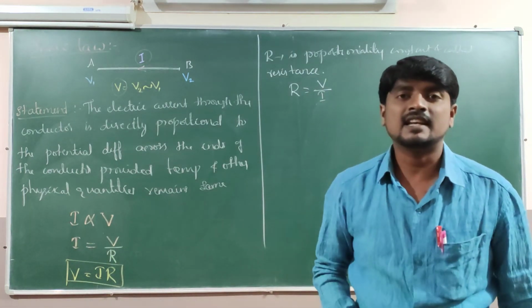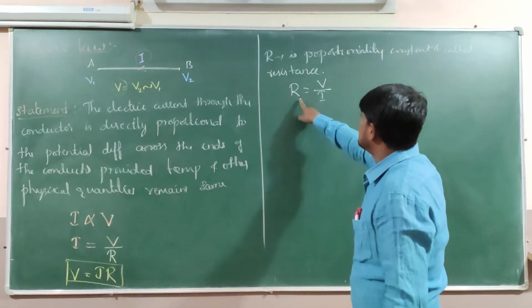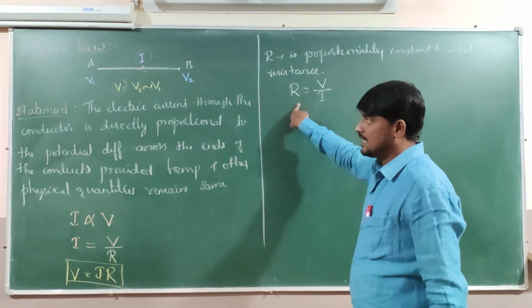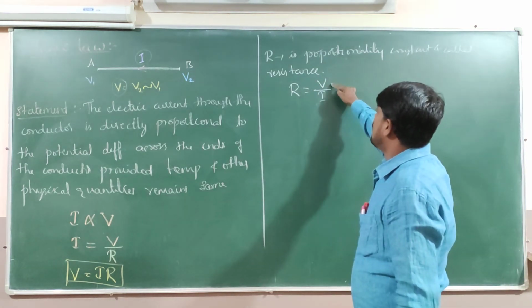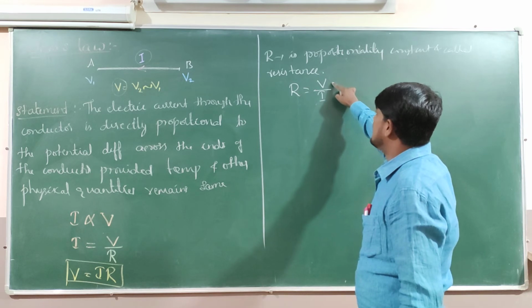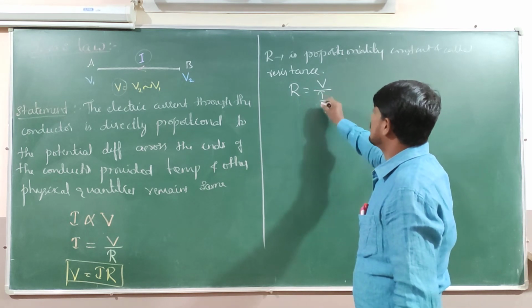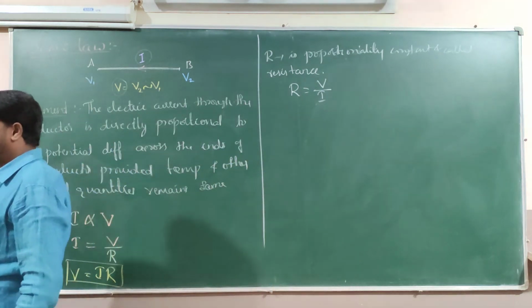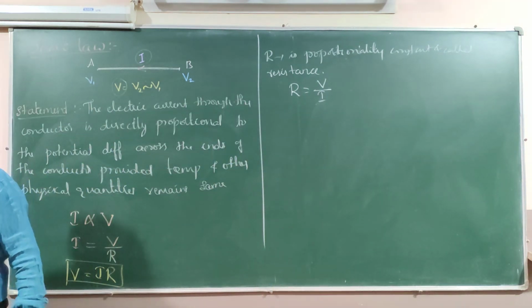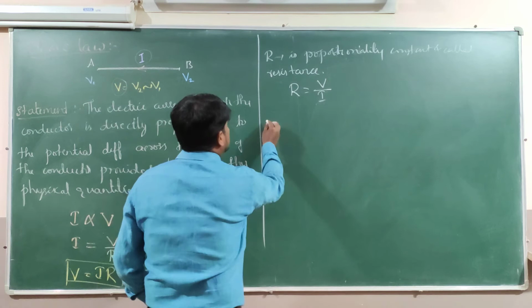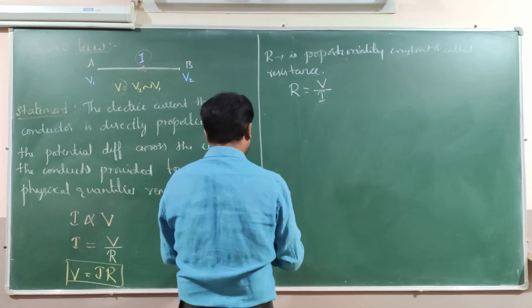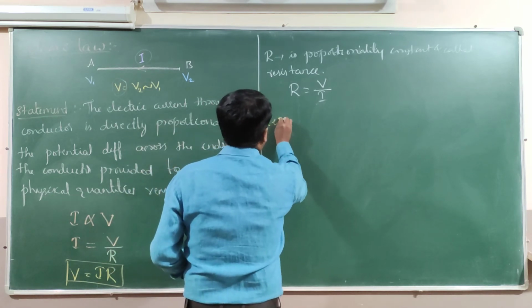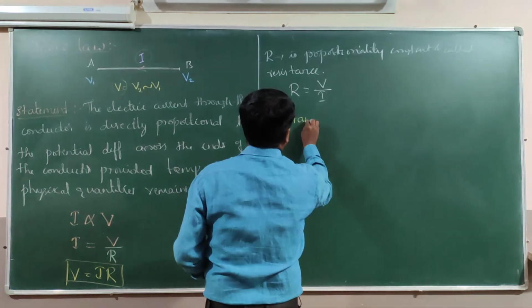Then how to define the resistance? The resistance of a conductor is defined as the ratio of the potential difference across the ends of the conductor to that of the current through it. So let me write the definition of resistance.